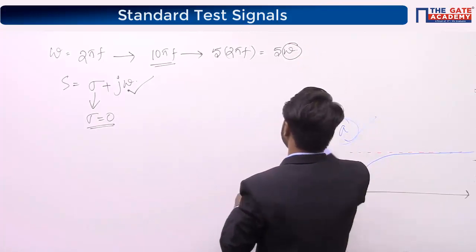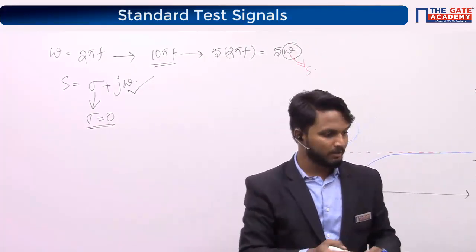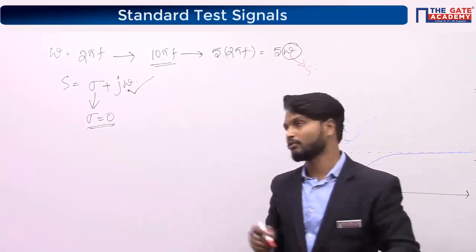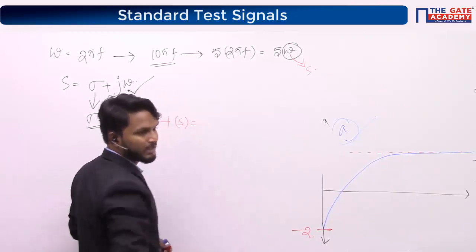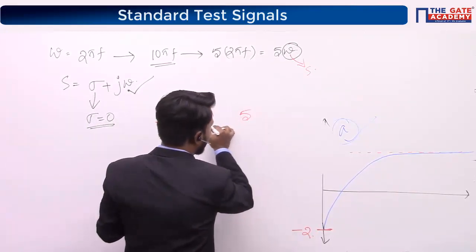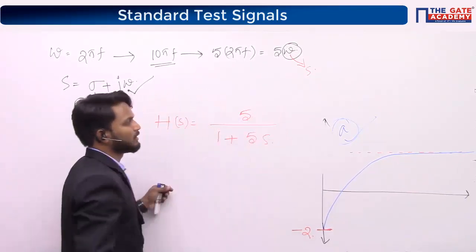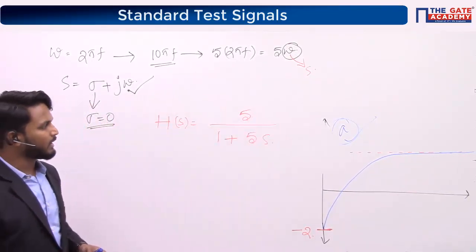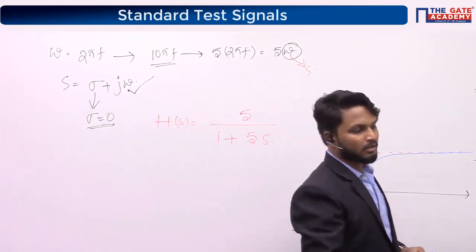So if you want to write it in terms of s, H of s is equal to what? It is 5 divided by 1 plus 5s. That's it. 5 divided by 1 plus 5s.